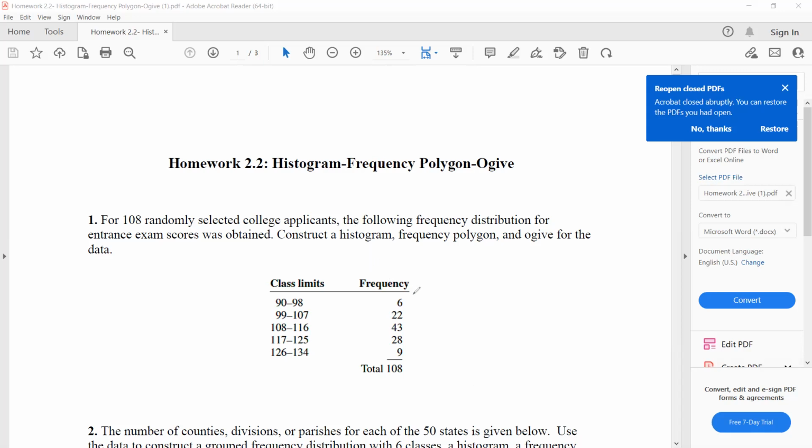So, to get for the histogram, I'm going to continue here because we're going to need a couple of things. When we did our histogram, we needed the class boundaries, right?